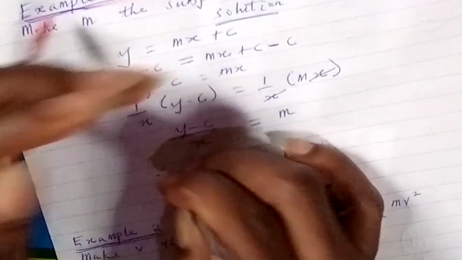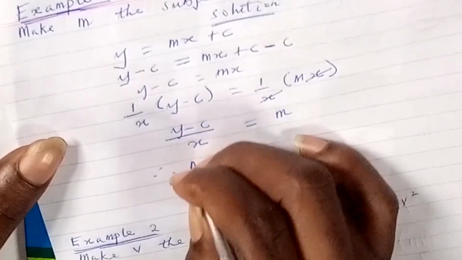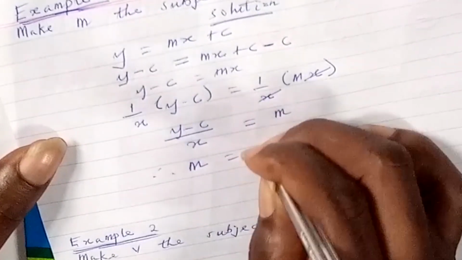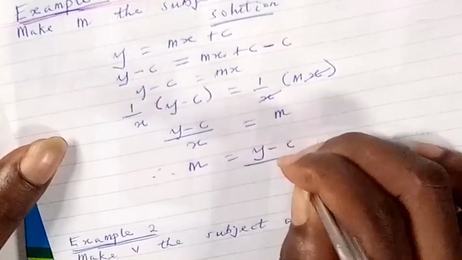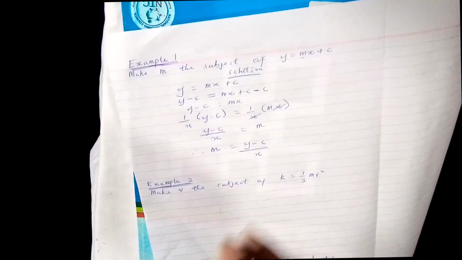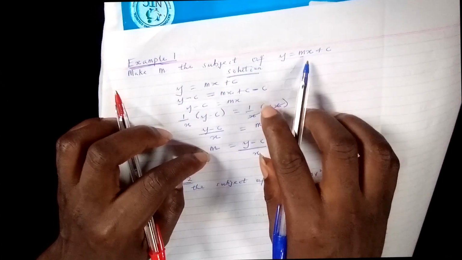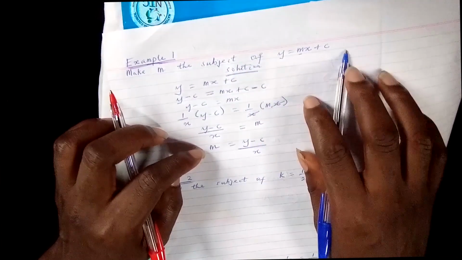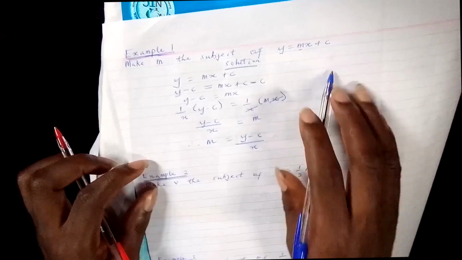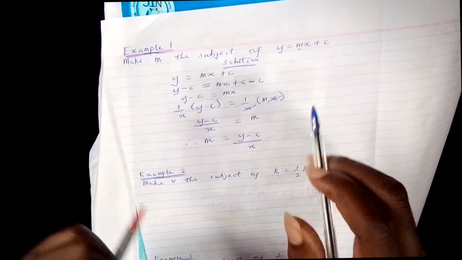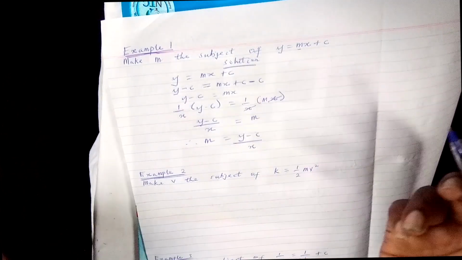So you can conclude by saying that M is equal to y minus C all over X. At this juncture, we have tried to make M the subject of this equation. This is very simple. This is how we make a given variable in a given formula the subject.